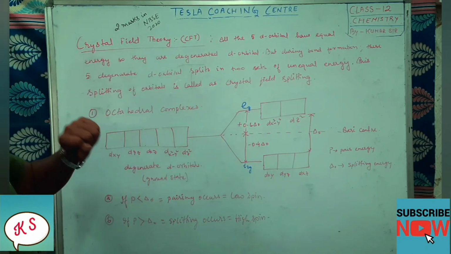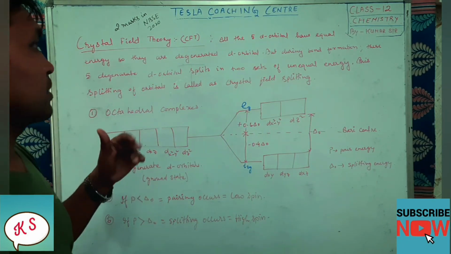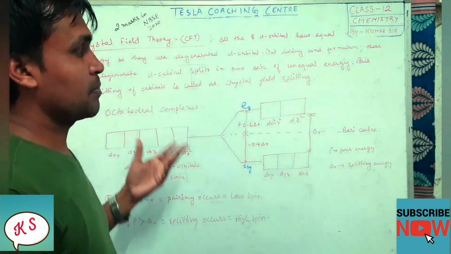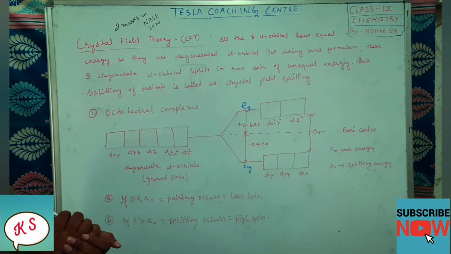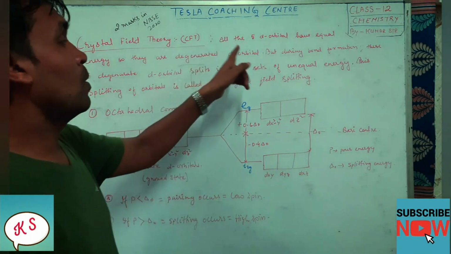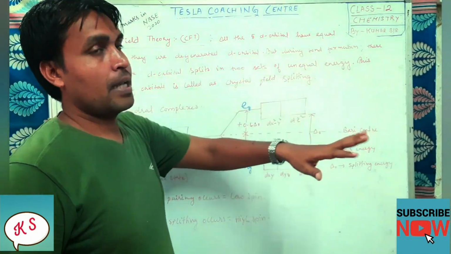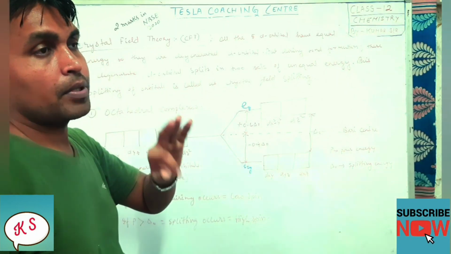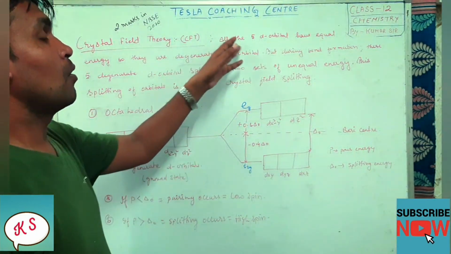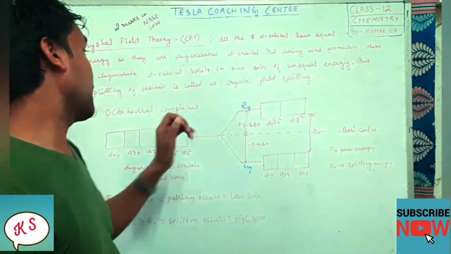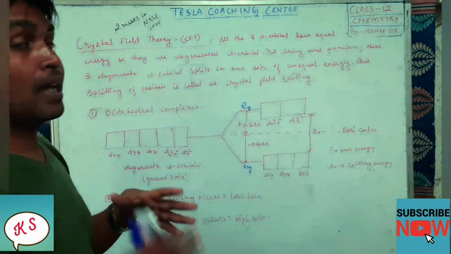Crystal field theory. So what is crystal field theory? Let us try to understand what crystal field splitting is and what it basically means. As we know, in the d subshell there are 5 boxes, and these boxes are nothing but orbitals. All the 5 d orbitals have equal energy.